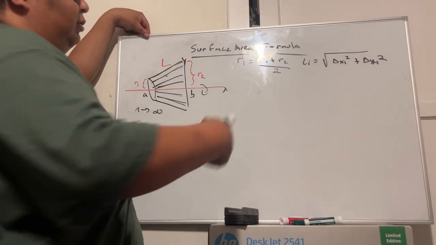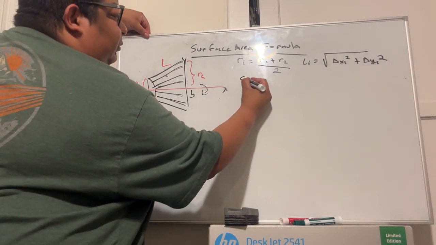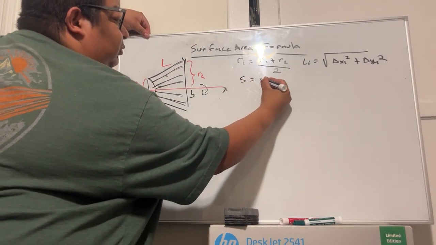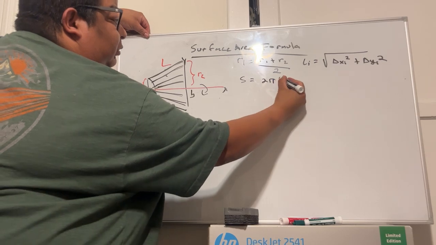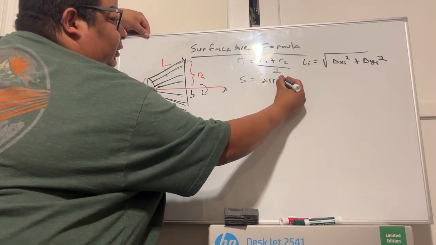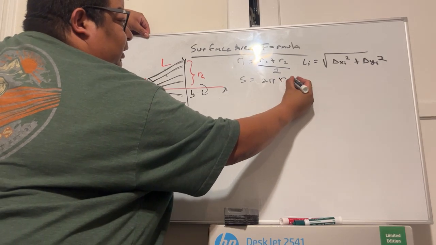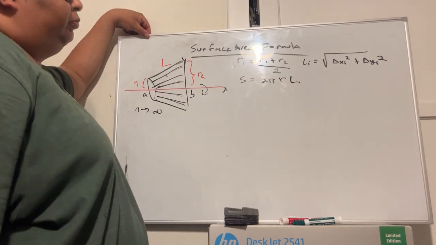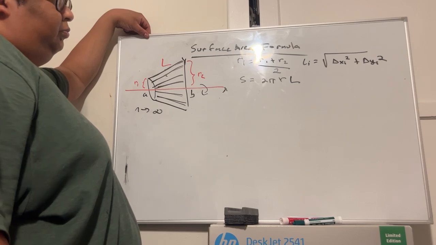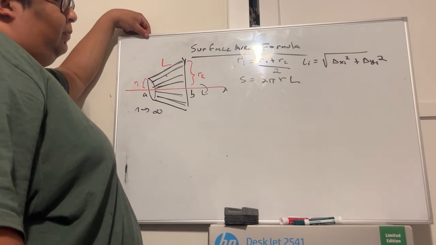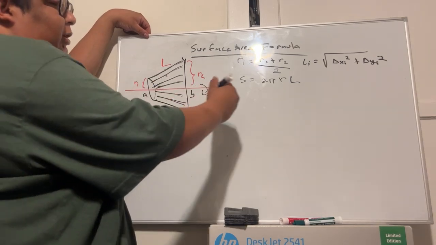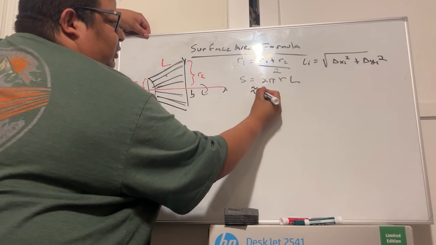And we know that the surface area of a frustum is equal to 2 pi r times L. But because we're going to approximate it, we're going to say this is approximately equal to.